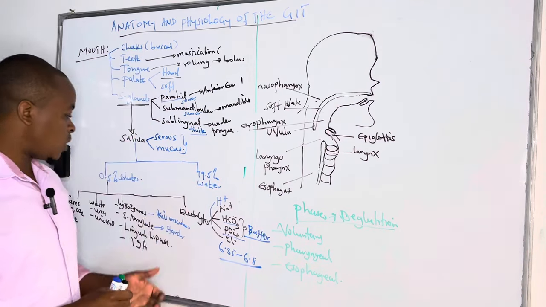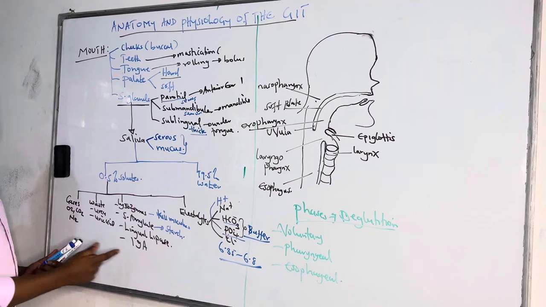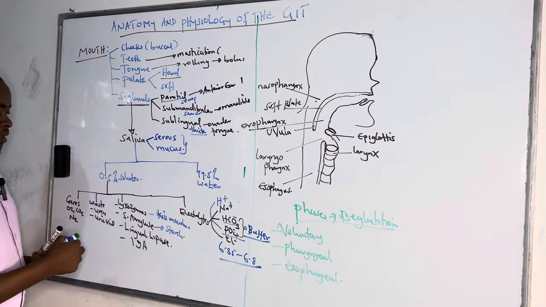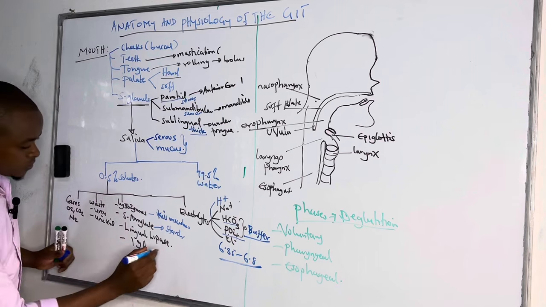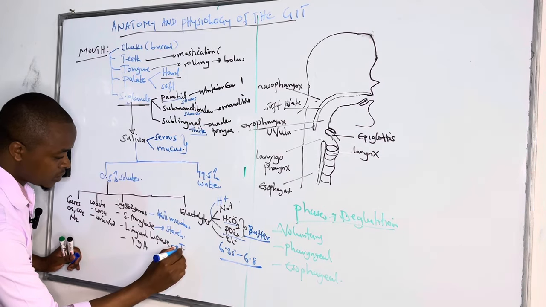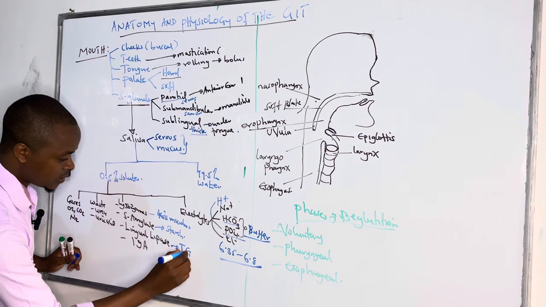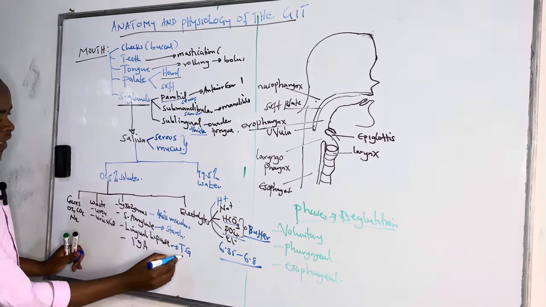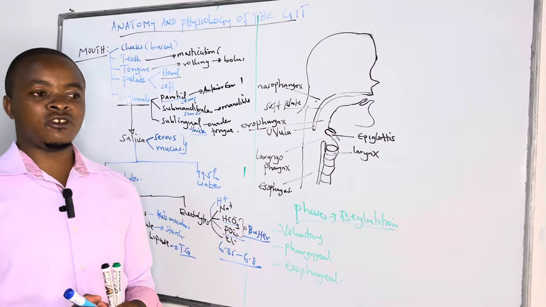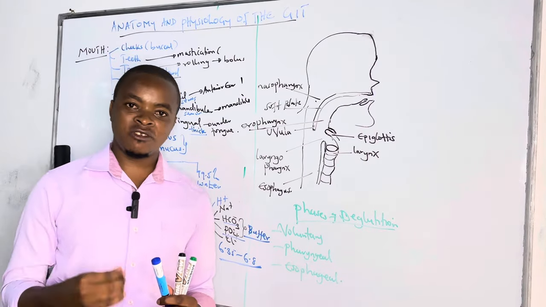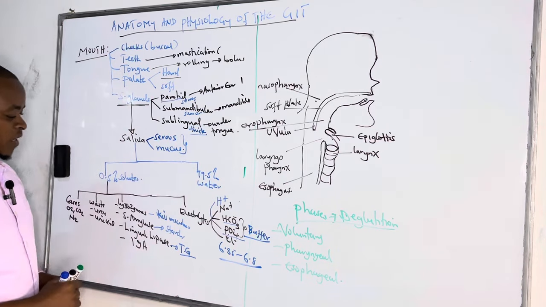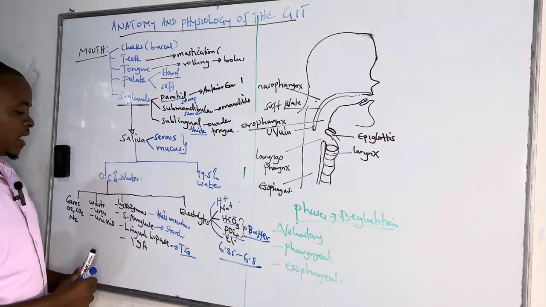So it continues to work even in the stomach, including lingual lipase, which acts on the triglycerides. It acts on the short chain triglycerides, whereby it hydrolyzes them to free fatty acids and diacylglycerol.